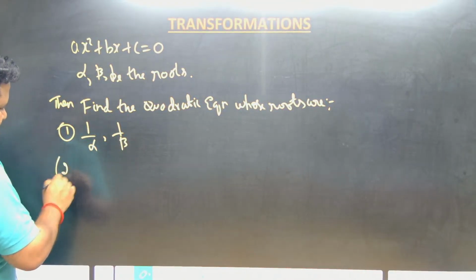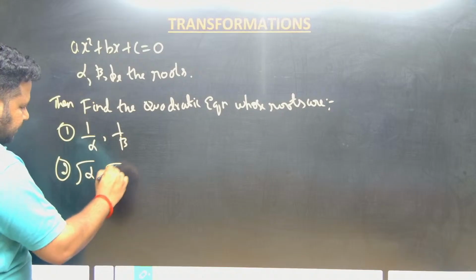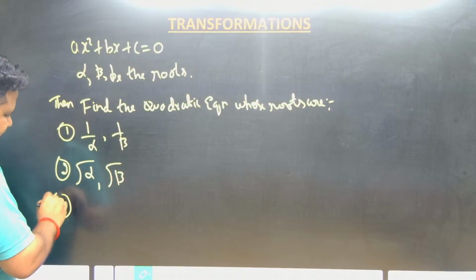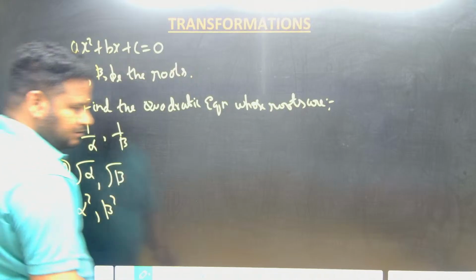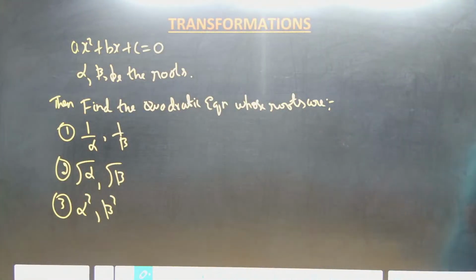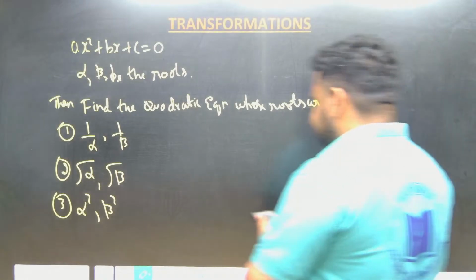Second, if they ask root alpha comma root beta. Third, if they ask alpha square comma beta square, like this many are there. Let us take up those questions. Let us write down those.